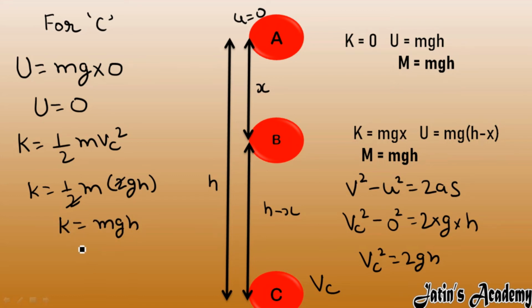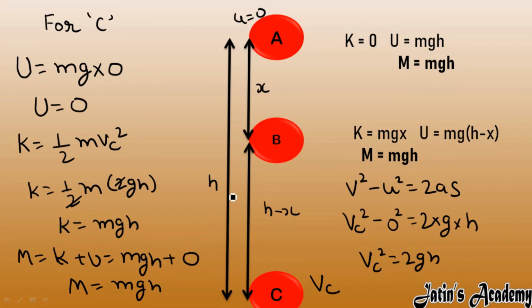Now we calculate the mechanical energy, which is the sum of kinetic energy and potential energy. Kinetic energy is mgh and potential energy is 0, because at point C, near the ground level, the potential energy is 0. So the mechanical energy at point C is again mgh.